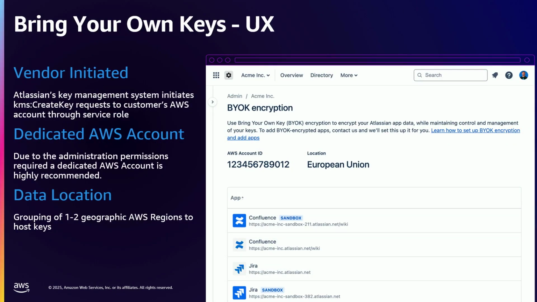And then what we built initially, we call bring your own keys. And if you observe, this is mostly vendor initiated. Which means the Atlassian key management system that Trevor explained, Cryptor and its components, are going to operate directly in the customer's account by asking the customer to create a dedicated AWS account in a specific AWS region, and then create the keys within those regions and set the policy.